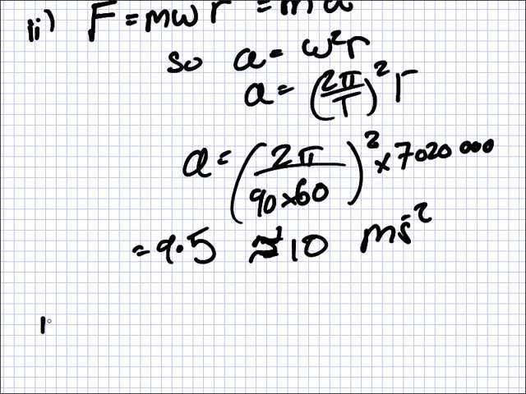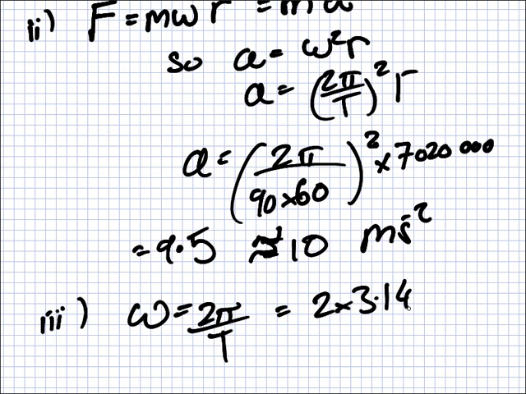Part 3. What's the omega? Easy peasy. 2 pi over t. 2 times 3.1415 over 90 times 60.